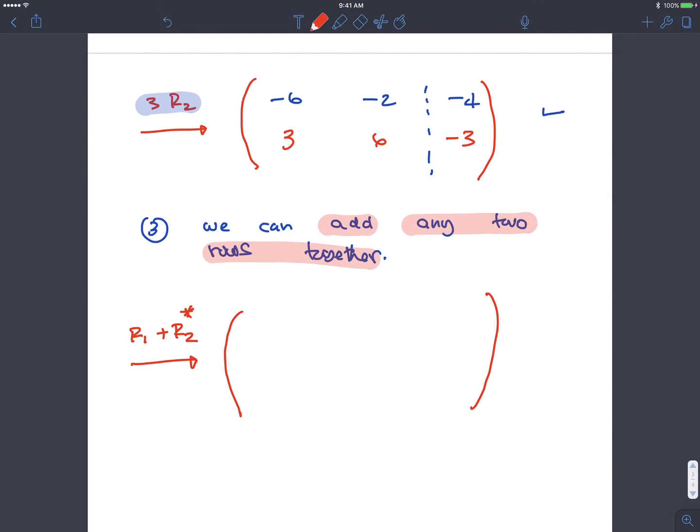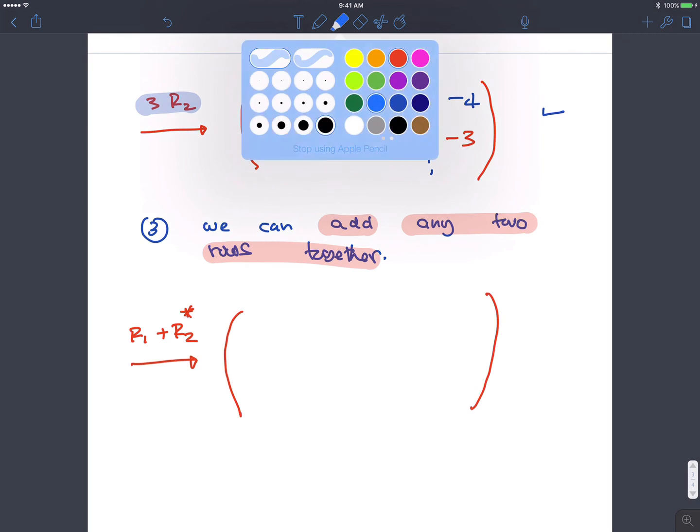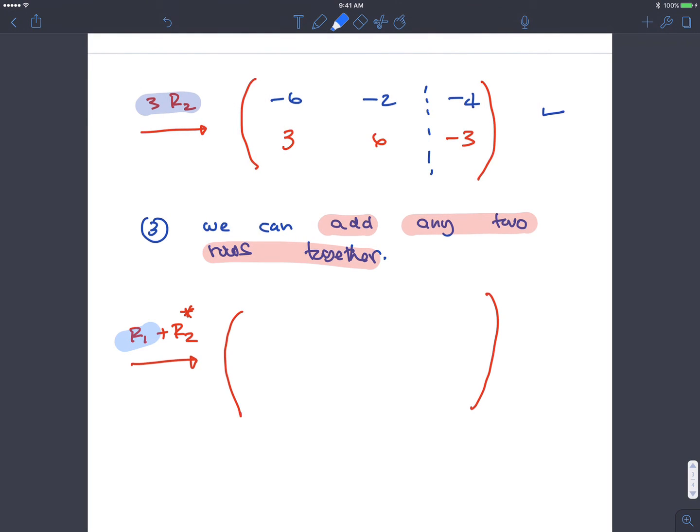In other words, I'm reading this as row 1 plus, this is where I put my answer, row 2, and I notate that by putting the asterisk there. It's kind of like a power, but it's not a power. I'm just notating that when I add row 1 with row 2, put the answers in row 2.